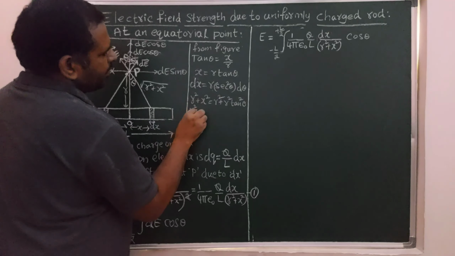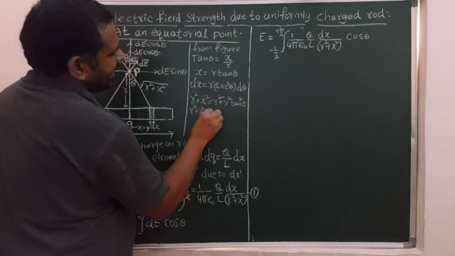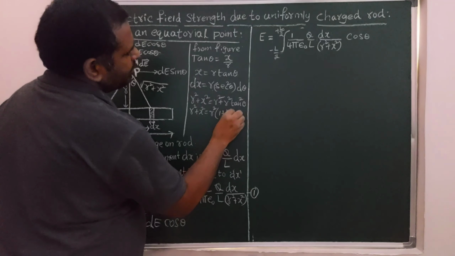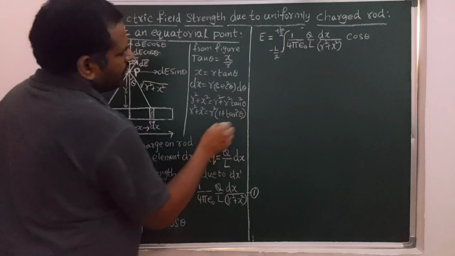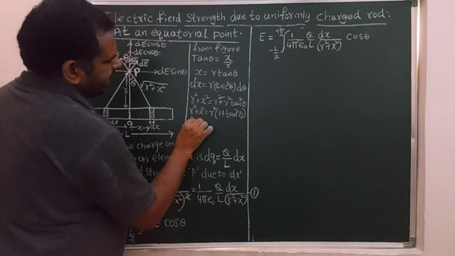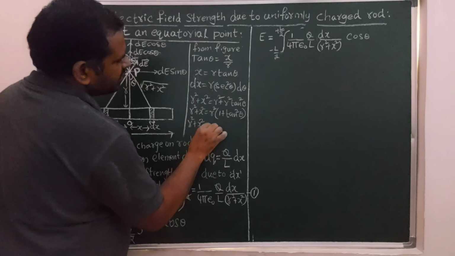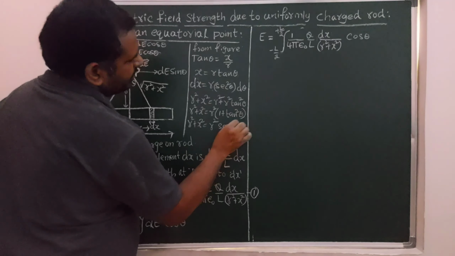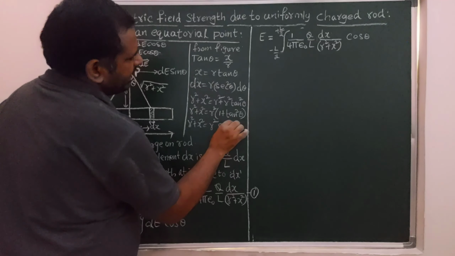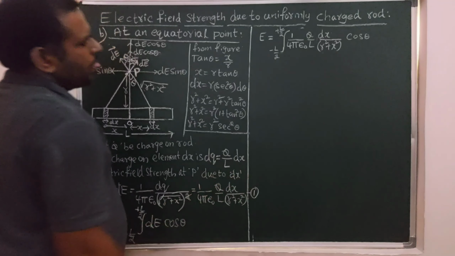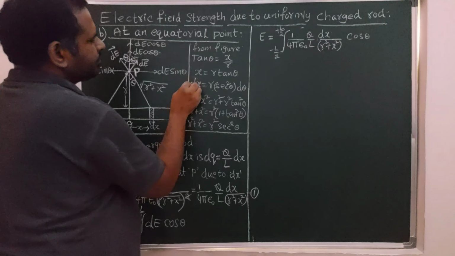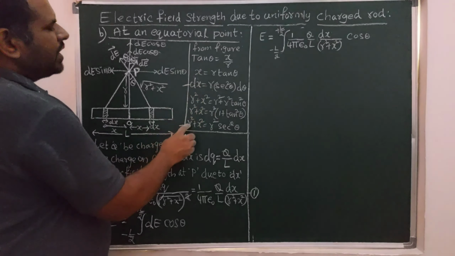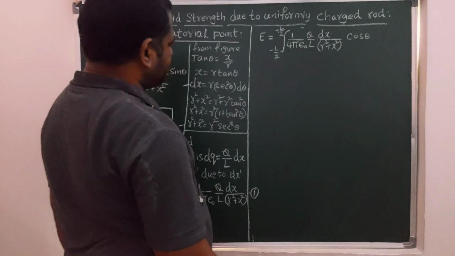Now r square plus x square, taking r square common, gives r square into 1 plus tan square theta, and 1 plus tan square theta is sec square theta. So we have the dx value and the r square plus x square value; substitute them there.